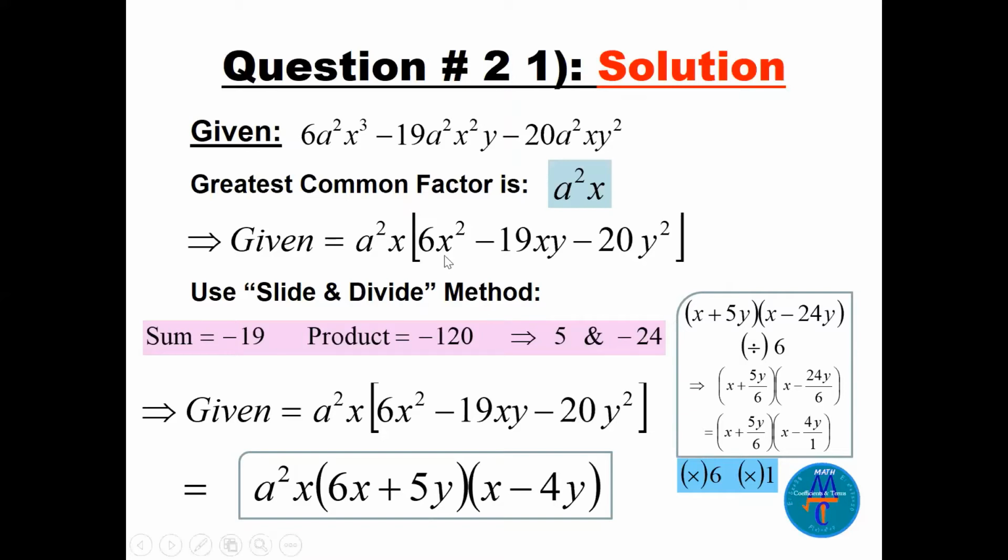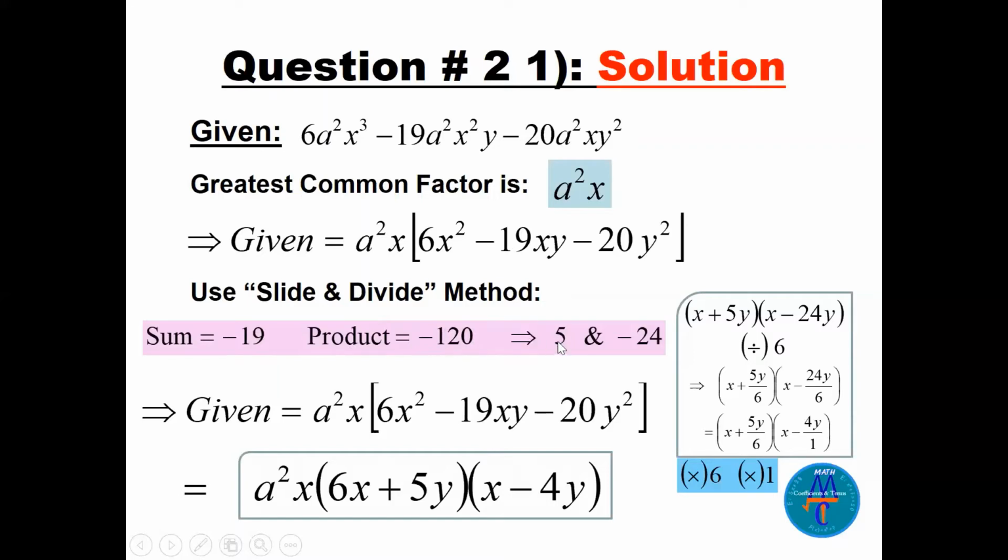Now, slide and divide: I take the sum, which is minus 19. You see this number here. And then 6 times 20 is minus 120. So I slide the 6 and multiply. Now find 2 numbers whose sum is this number here, minus 19, and whose product is minus 120. So you have to search for the numbers.